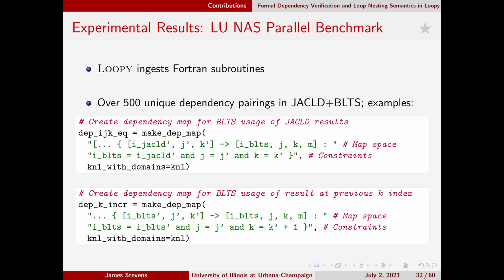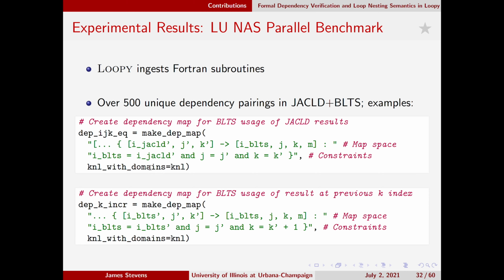The first example is a dependency where a statement in the subroutine computing the lower triangular solution depends on a result computed by the statement in the Jacobian subroutine for the same ijk index, and that is expressed with these constraints here, saying that j equals j prime, k equals k prime, and I equals I prime.